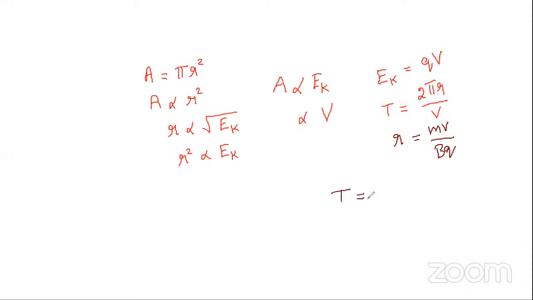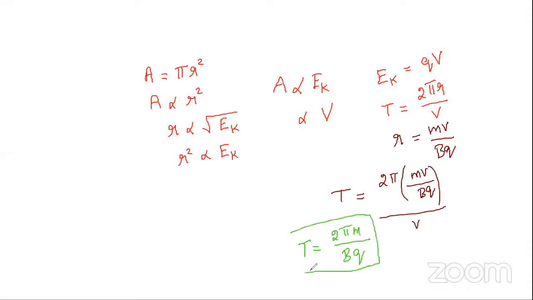So T equal to 2 pi into mv by bq, whole divided by v. So these v and v will be cancelled, and finally you will get the time period T equal to 2 pi m by bq. Okay, 2 pi m by bq is the time period.